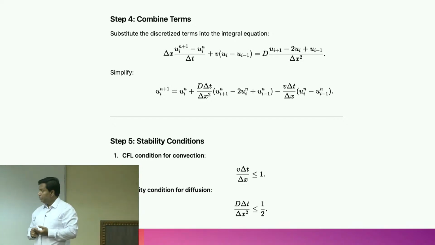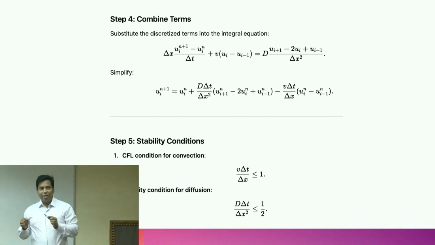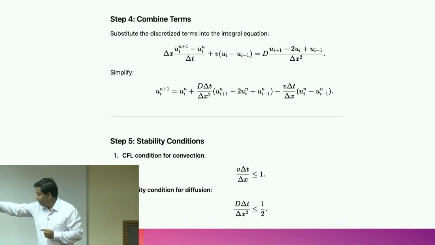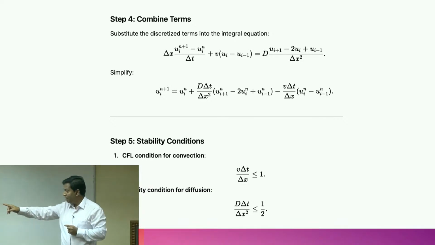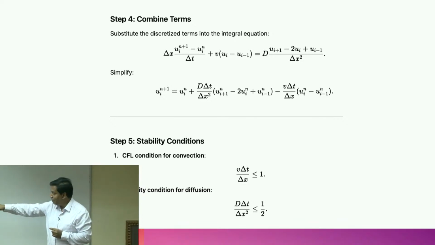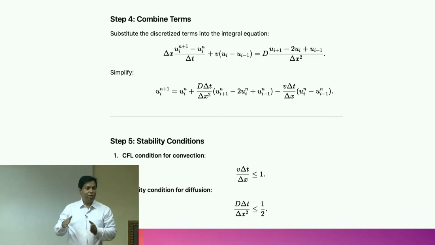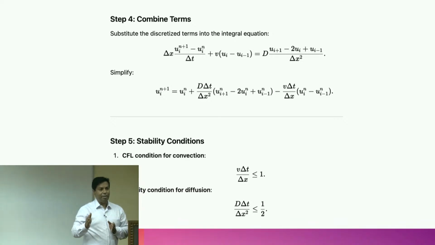If the del x is small, then the whole system is becoming bigger, right, and if the delta t is bigger, the whole system is becoming bigger. So, that means you have to readjust when you do meshing and time stepping.